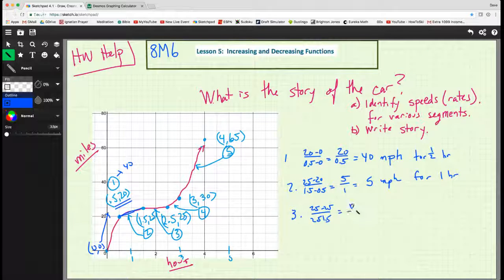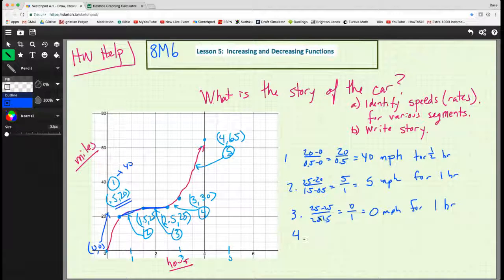So that's equal to 0 over 1, which is 0 miles per hour for 1 hour. And that makes sense. We're standing still. We're at 25 miles and we stay at 25 miles. So we're not going anywhere. We have a nice flat line. It's not increasing, it's not decreasing. We're going 0 miles per hour.